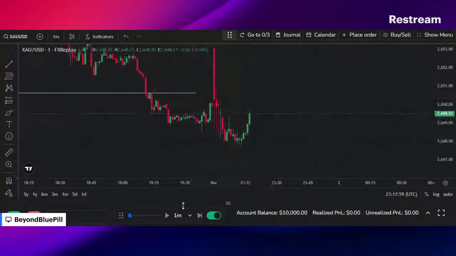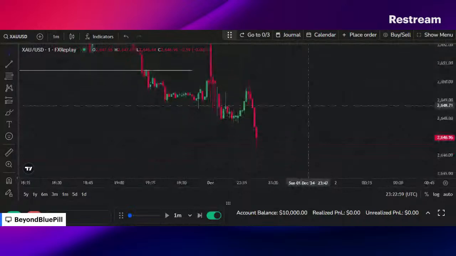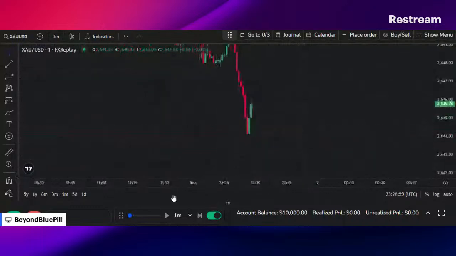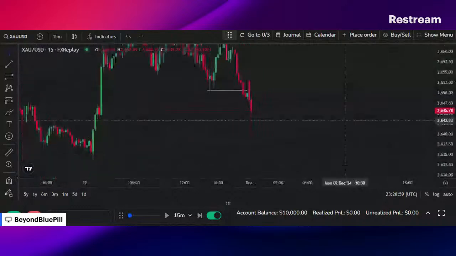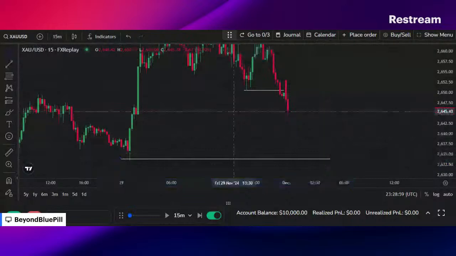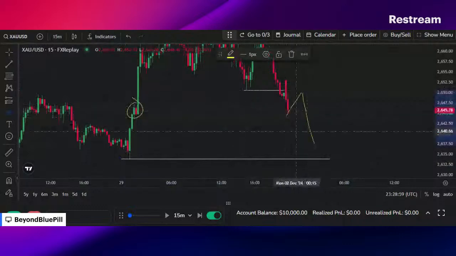Validated this. So we had this SNDR that we are expecting a rejection and then price trade below.